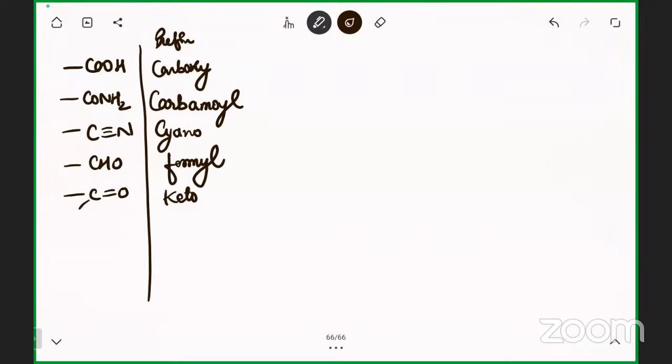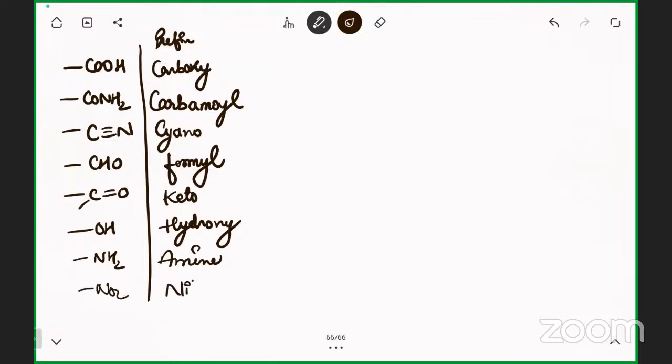If OH is present, alcohol, you write hydroxy. If NH2 group is present, you will write amino. If NO2 group is present, you will write nitro.